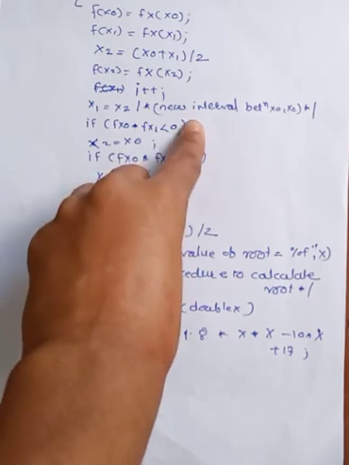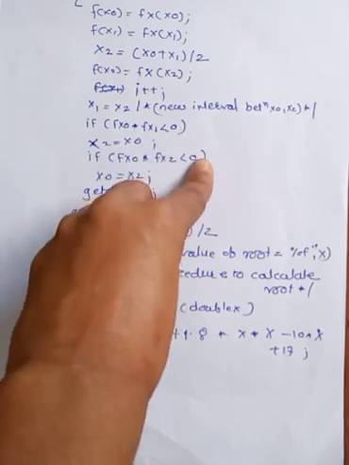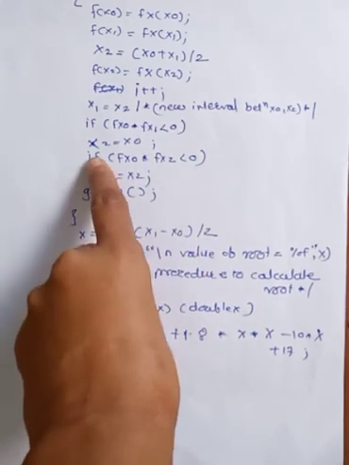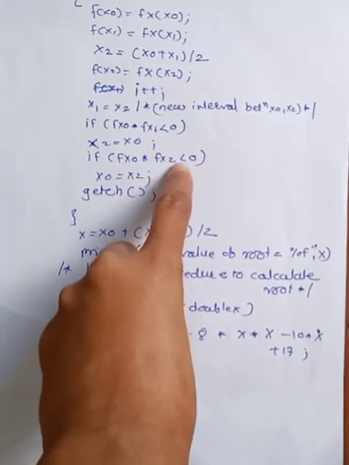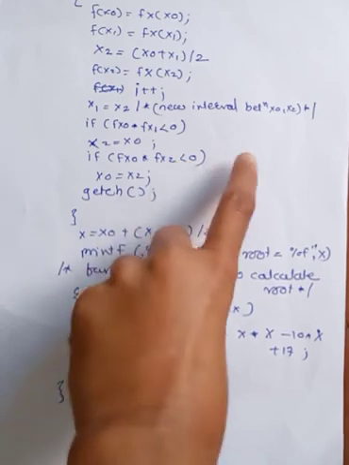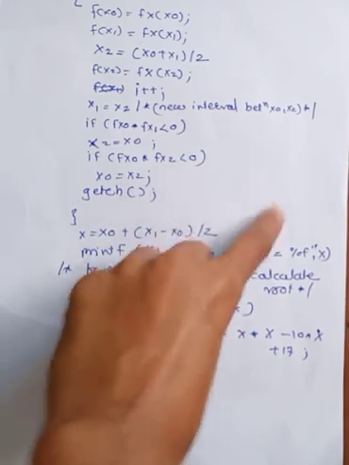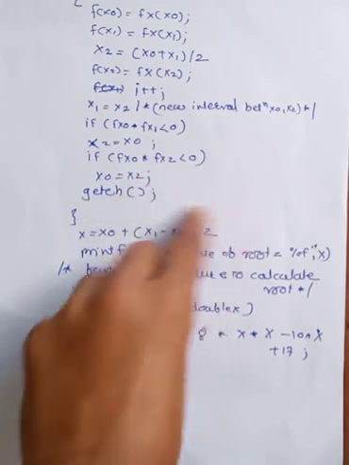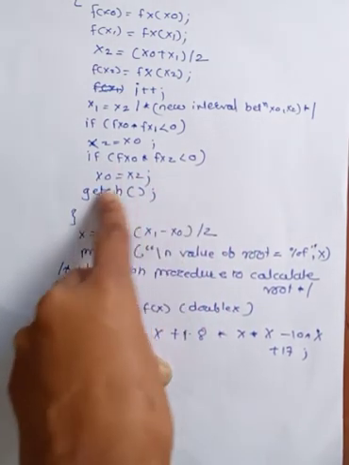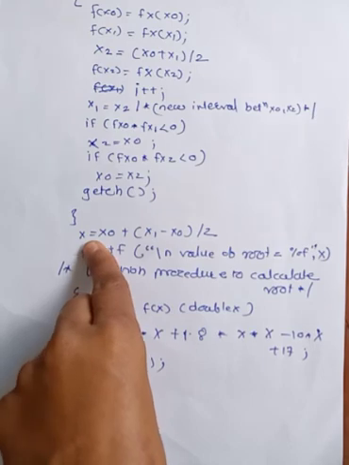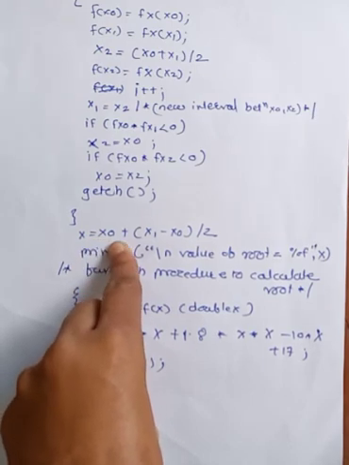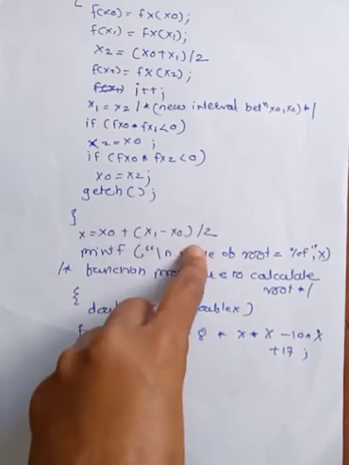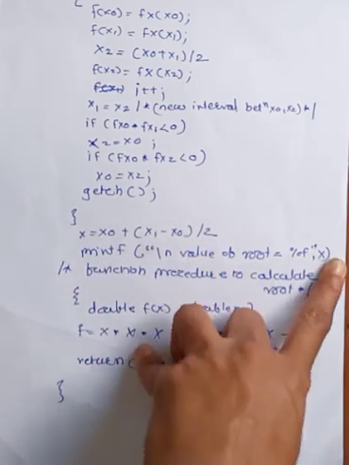If this condition is not true, then the next value is checked. If f of x0 into f of x2 is less than 0, if this statement is true, then x0 is equal to x2. Now the value can be obtained here. This is x is equal to x0 plus (x1 minus x0) divided by 2. That means you obtain the root and that root can be printed here.